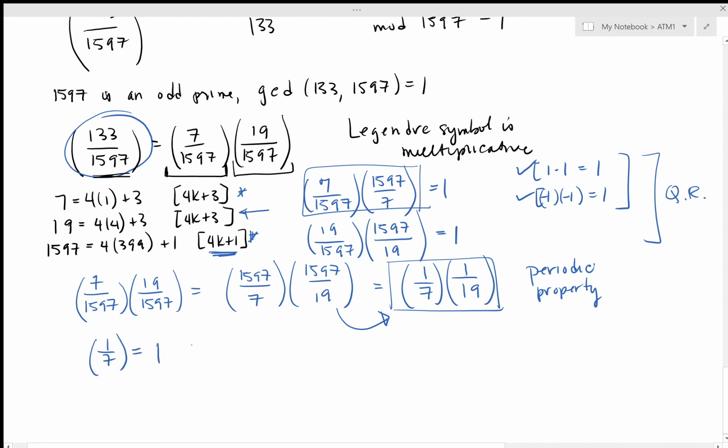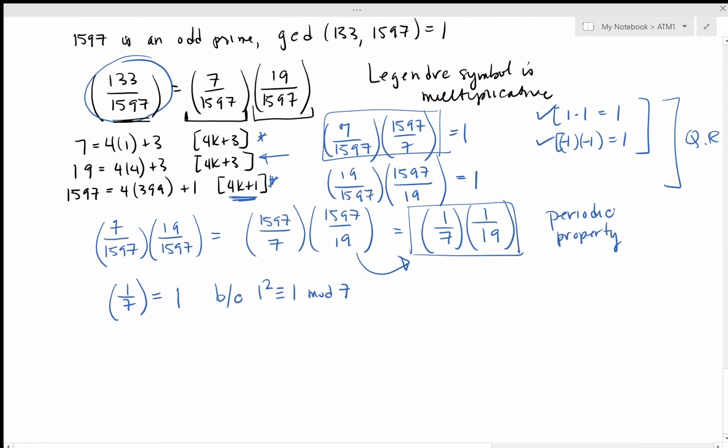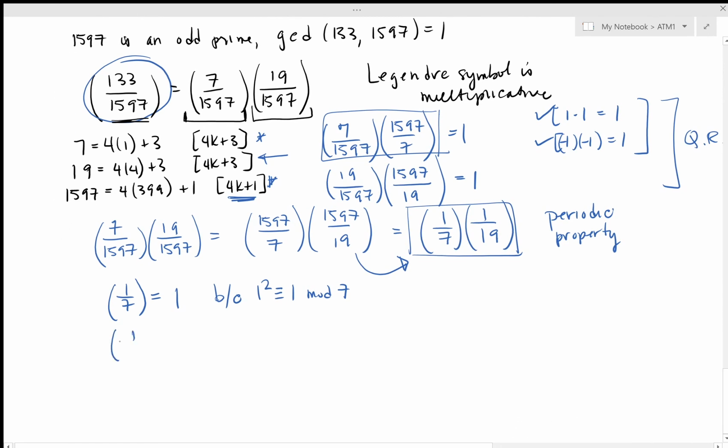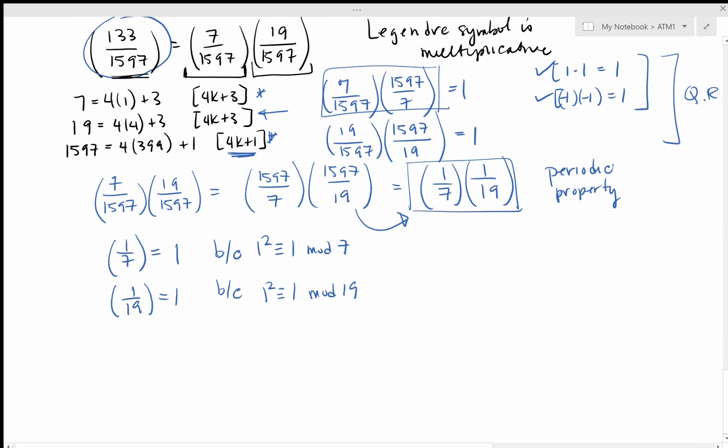Yes, it is, because 1 squared is congruent to 1 mod 7. Similarly, this Legendre symbol is also 1 because 1 squared is congruent to 1 mod 19. So I can now conclude that my original question, this Legendre symbol, is equal to 1.